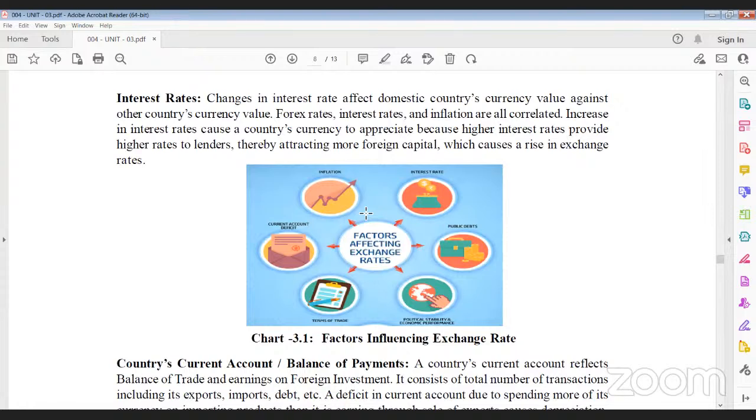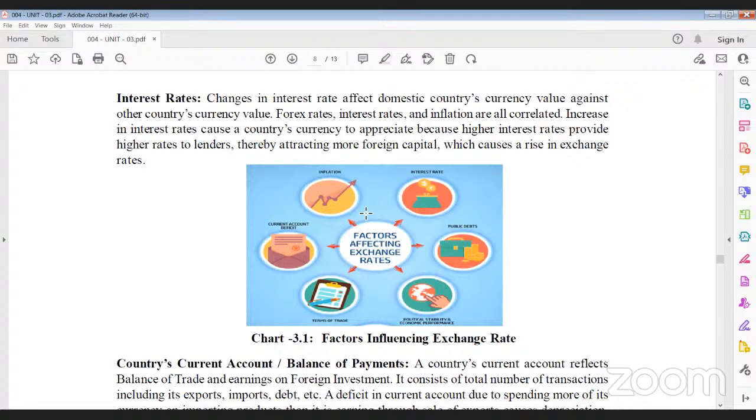Forex rates, interest rates, and inflation are all correlated. An increase in interest rates will cause an increase in the country's currency value, because higher rates are provided to the lenders, which attracts more foreign capital because the lending rates are high.